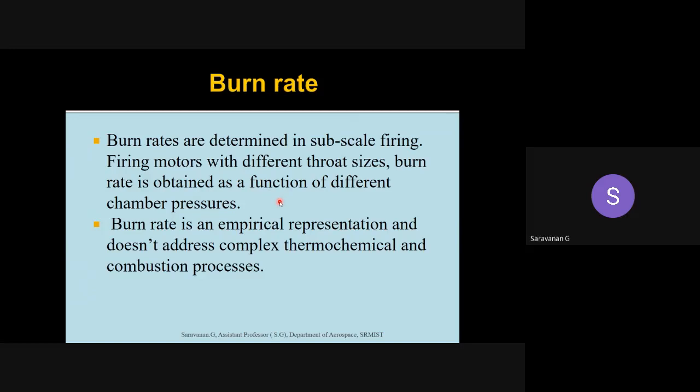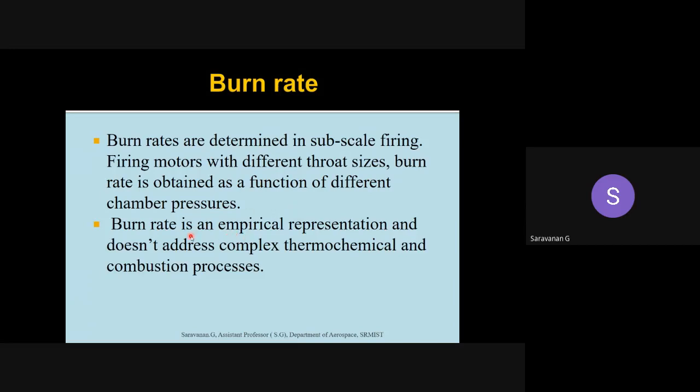So the important parameter which gives the idea about the burn rate is the chamber pressure. If you vary the throat sizes along with the nozzle, the burn rate is obtained as a function of different chamber pressures.